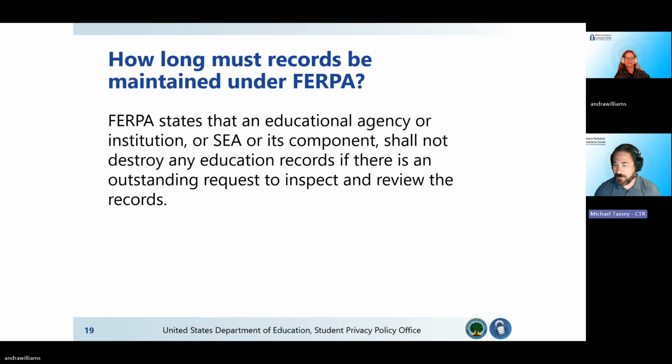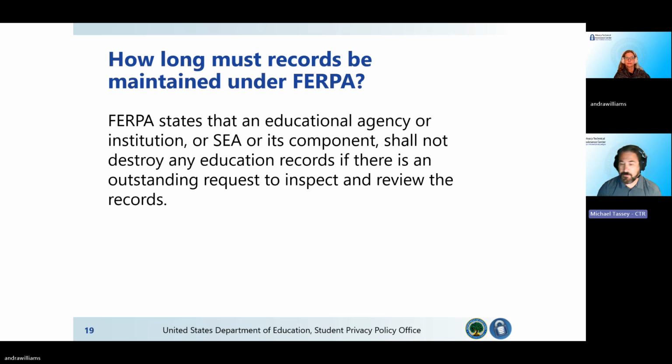If there is a request from a parent or a student or a guardian of any type to inspect and review under FERPA statute, you are not allowed to destroy that data until that request has been fulfilled. Once it has been, feel free to, FERPA is not going to be the long pole in the tent there. You can get rid of the data under FERPA.